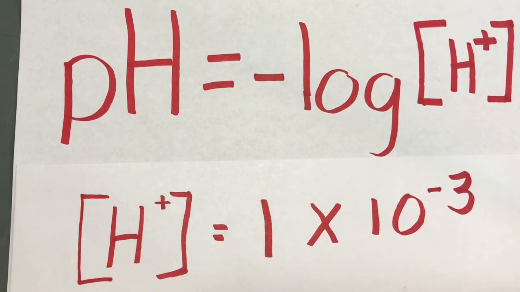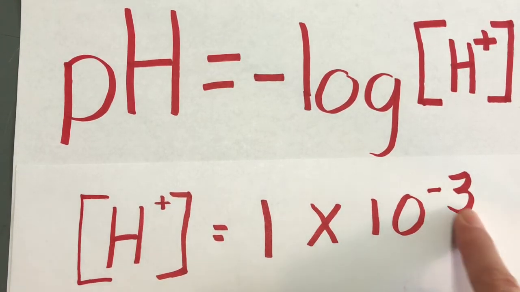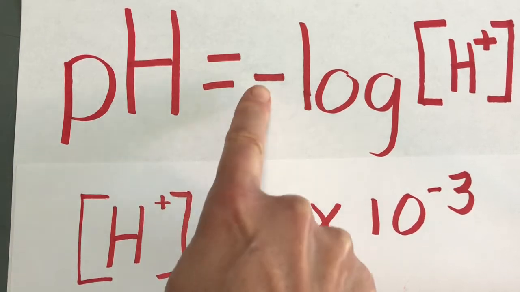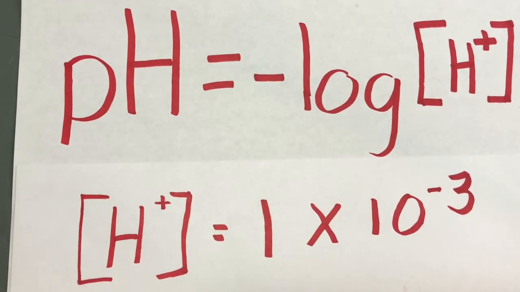Well, we know that because right here we have 10. We're using the same as the log base, 10. And 10 raised to the negative third, I need the negative of that, so I take 3. The pH of this concentration of hydrogen ions is 3.